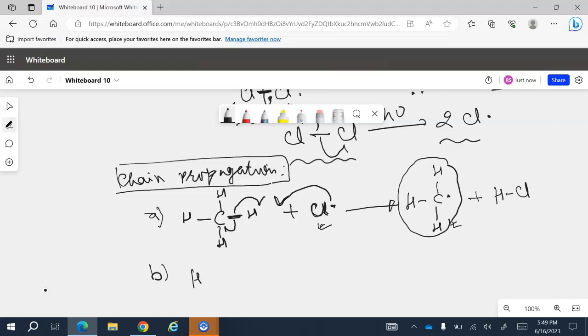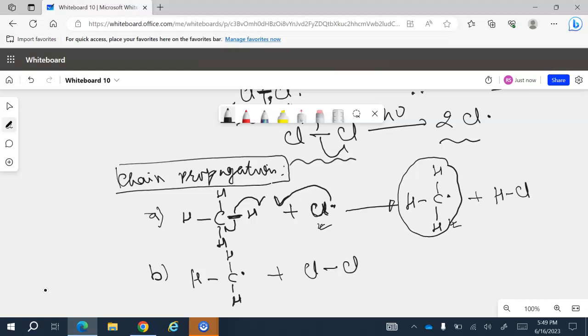This is the methyl free radical which is generated in the first propagation step, and it then reacts with a chlorine molecule. There are millions and millions of chlorine molecules in the reactant, so some of them break to generate chlorine free radicals, but some of these chlorine molecules react with this methyl free radical.